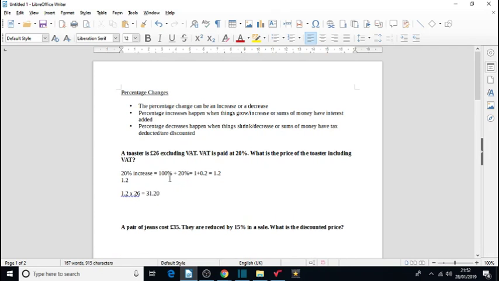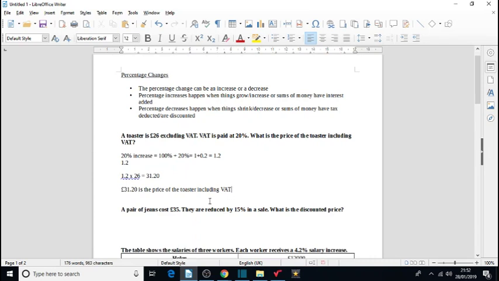So therefore, £31.20 is the price of a toaster including VAT. So there you just worked out your first question. That involves a percentage increase. Let's move on to our next question.